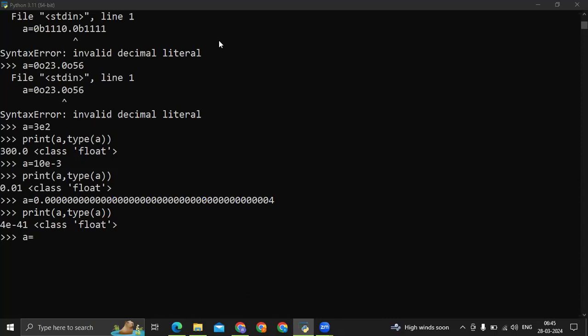Yes, please unmute yourself, Rahman. What is exponent data type? Here it is C. We are writing A is equal to, A is a variable, 0.000 till 4. I was not aware of how many values I have added.